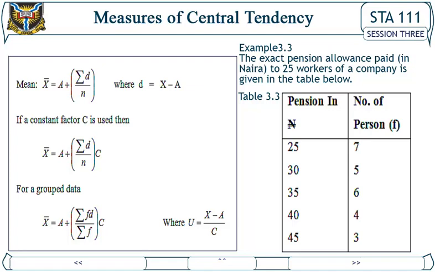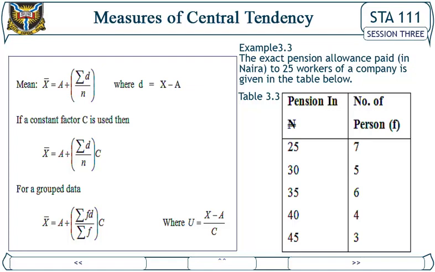If a constant factor c is used, then mean equals a plus summation d over n in brackets times c. For grouped data, mean equals a plus summation fd over summation f in brackets times c, where u equals x minus a over c.